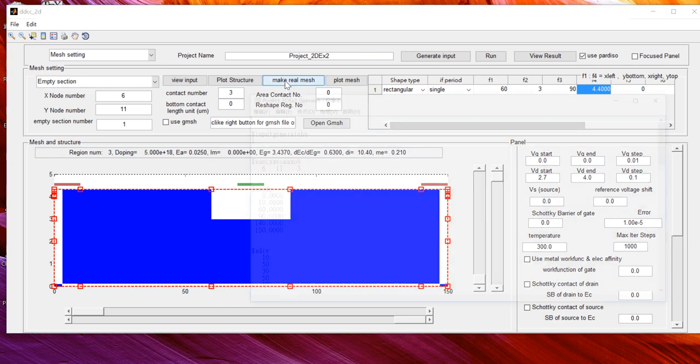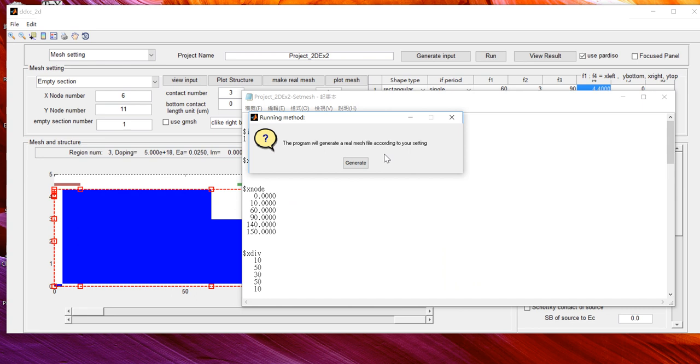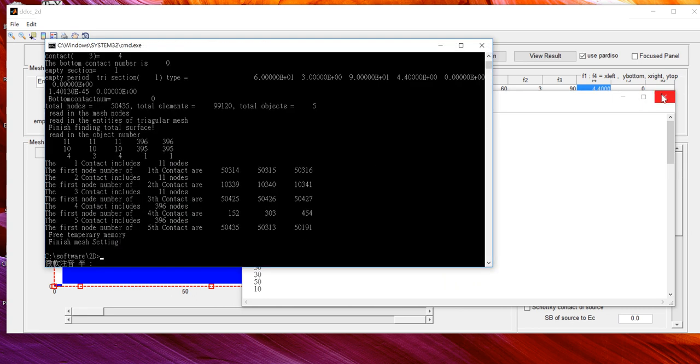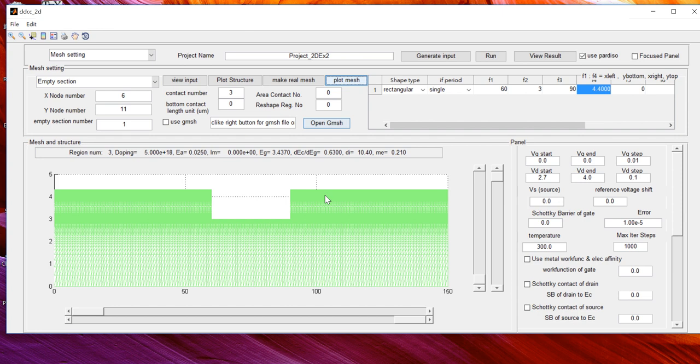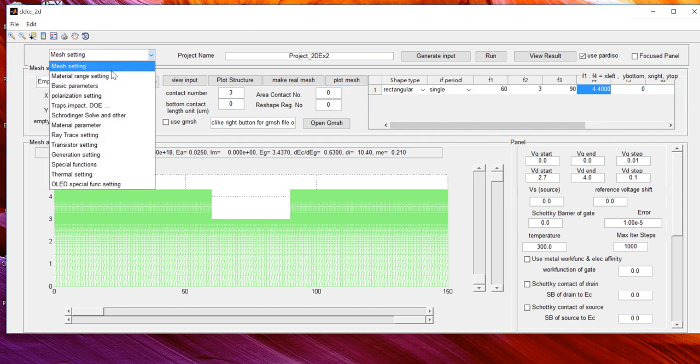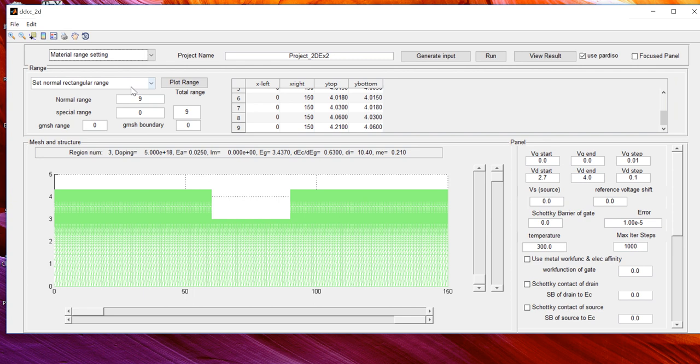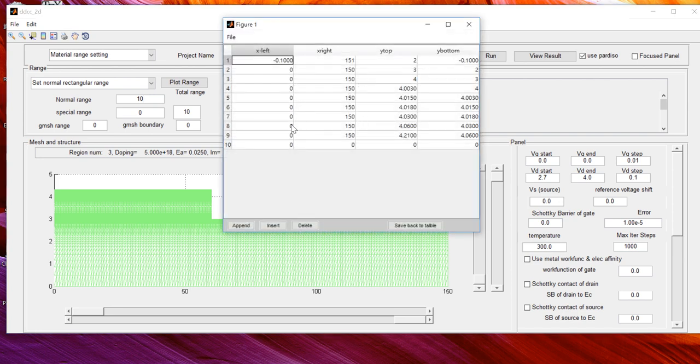You always need to check the real mesh, so just check the real mesh to see if there is any problem. Let's plot the mesh. Okay, looks fine. So let's go to material range. In material range, we need to change the region number to 10. Okay, so we have one more range.